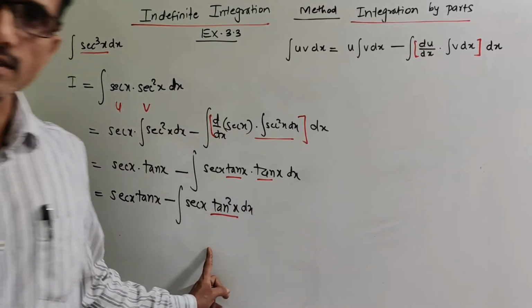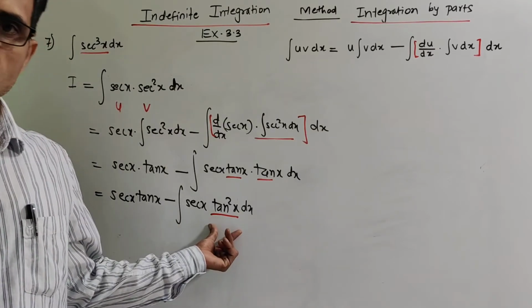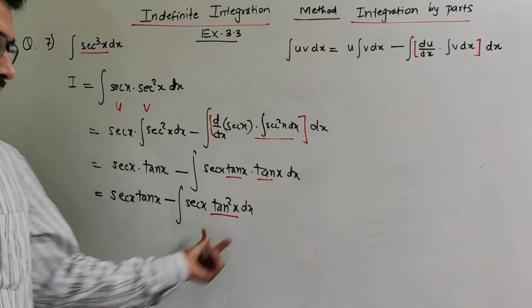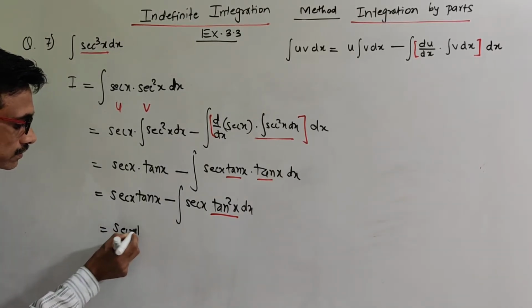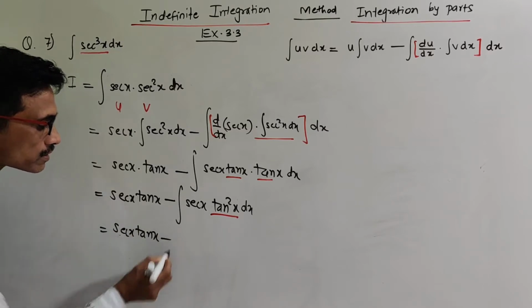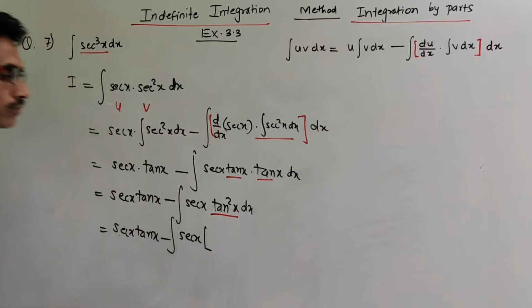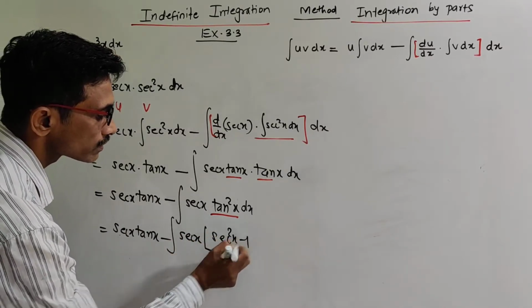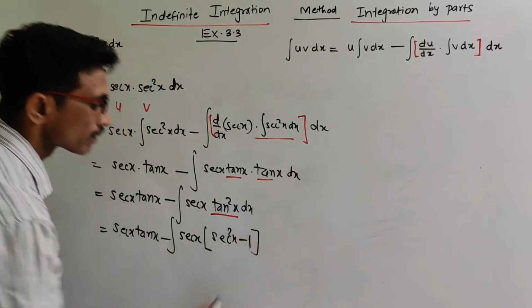अब ये tan square x है, we'll express it as sec square x minus 1. 1 plus tan square is sec square x. So sec square x minus 1 is tan square x. It is sec x tan x minus integration of sec x into sec square x minus 1 dx.